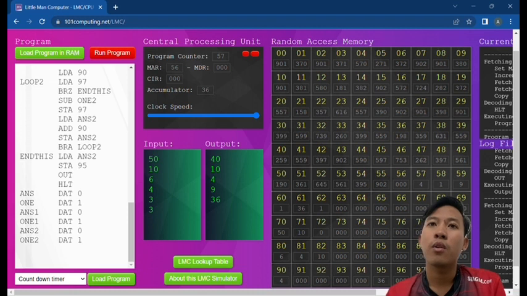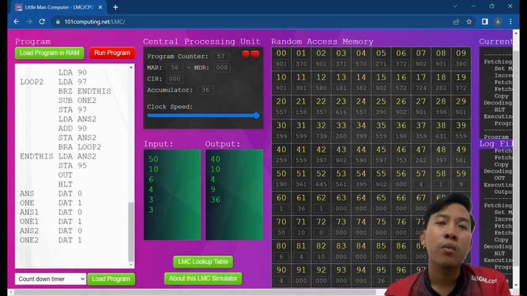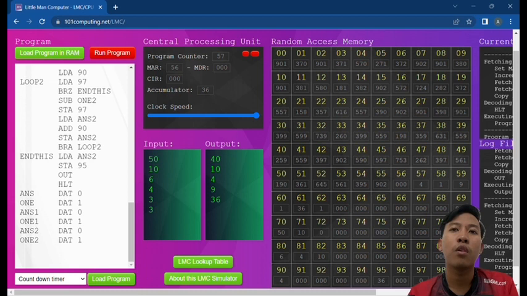The assembly language for this process is we load at memory 90, and it will be a loop at load memory 97, and branch at n, and we will subtract with 1, and store at memory 97, and load the answer in answer 2, and add at memory 90, and store at answer 2, and also branch at loop 2, and end this, and load at answer 2, and store at memory 95, and then it's out, to show the output for this program.